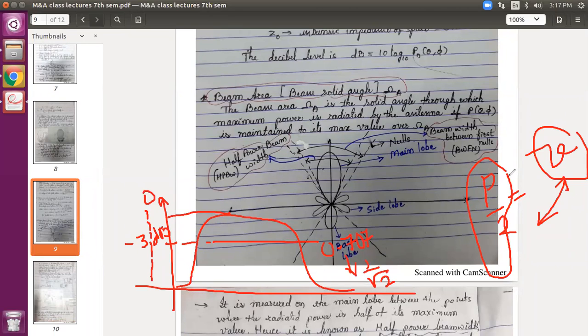So no doubt half of the maximum power means P by 2. But in terms of voltage, it is 0.707, and you might already know why it is 3 dB.